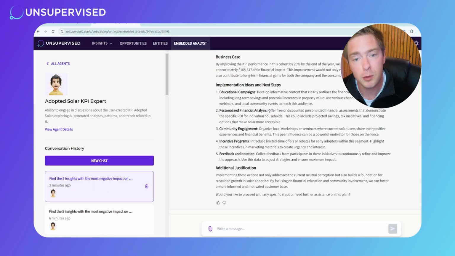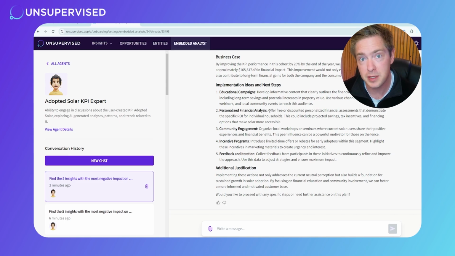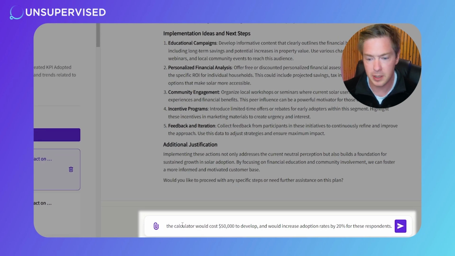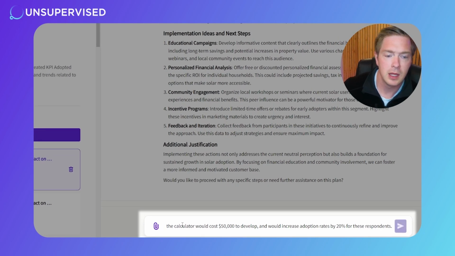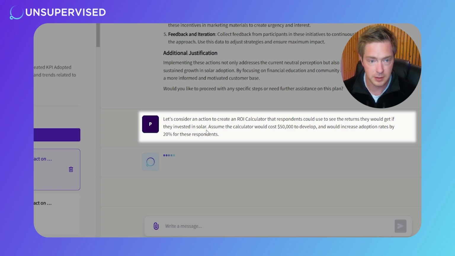And so now I can work with the analyst to, with an action in mind, start building out both the business case and the implementation plan for that action. So what I'll do is I'll come in and talk to the analyst and I'll say, let's consider an action to create an ROI calculator. Assume the calculator would cost $50,000 to develop and it would increase adoption rates by 20% for these respondents.